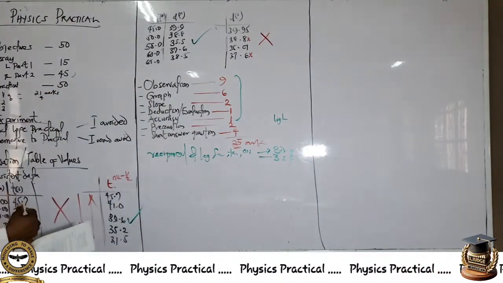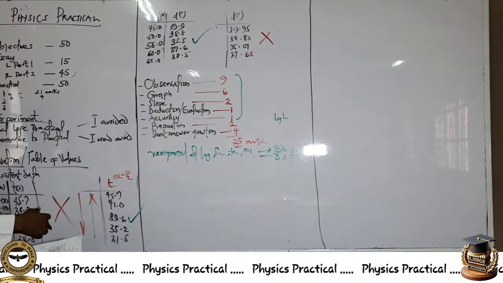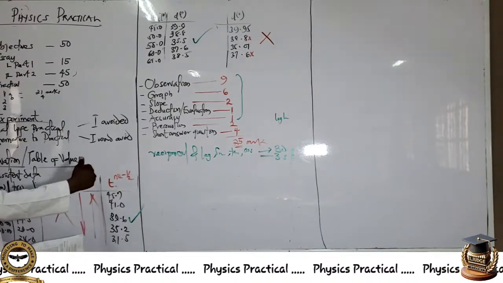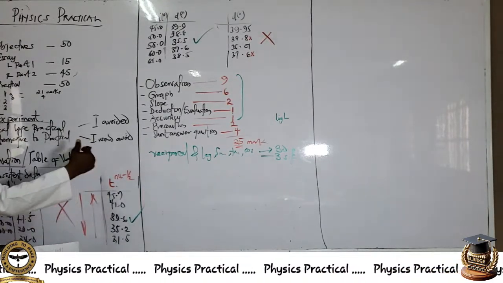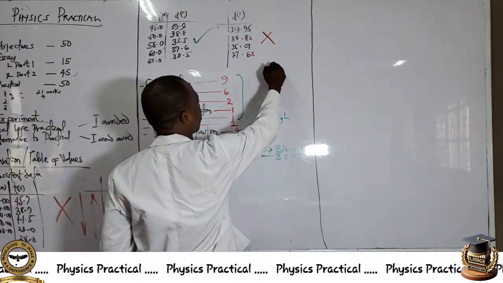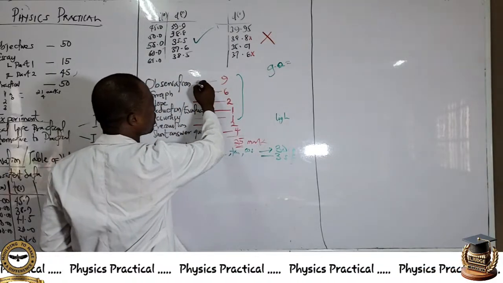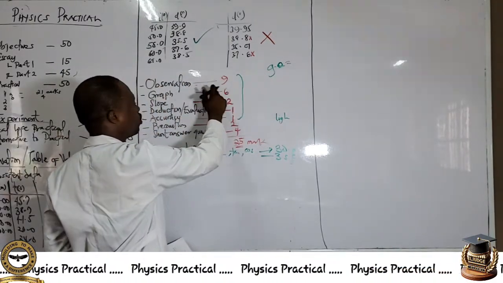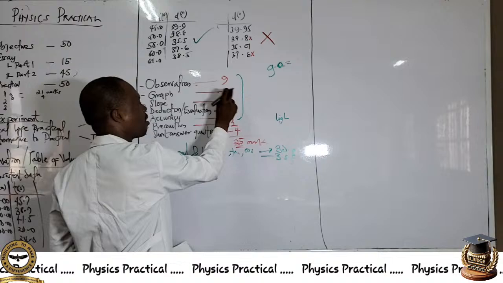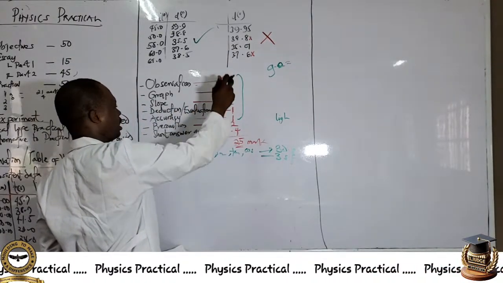When you invent your own table of values, or the values you gave us are different from the expected experimental values, everything I've done will be recorded as gross error. And in gross error, you lose the whole mark for observation, the whole mark for graph, the whole mark for slope, the whole mark for deduction, evaluation, intercept.